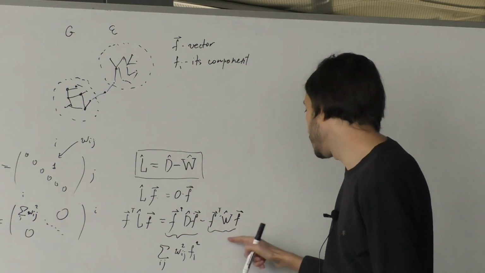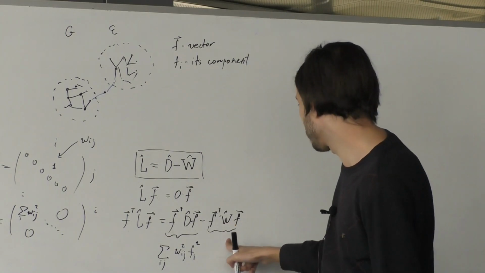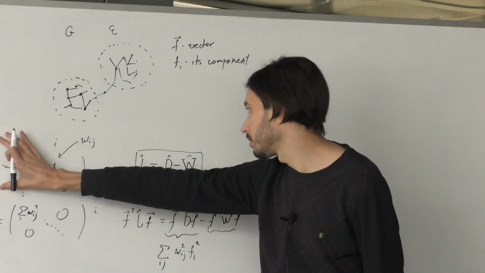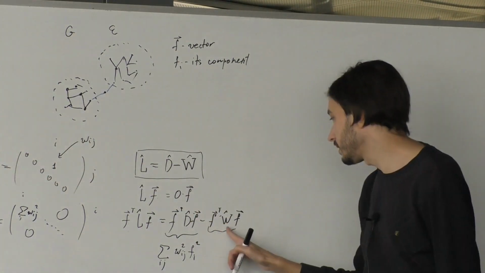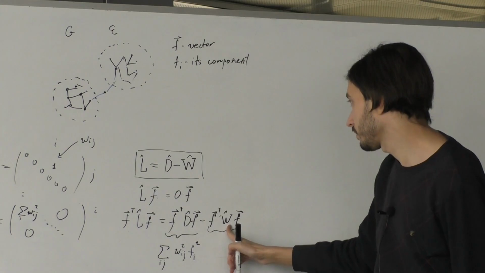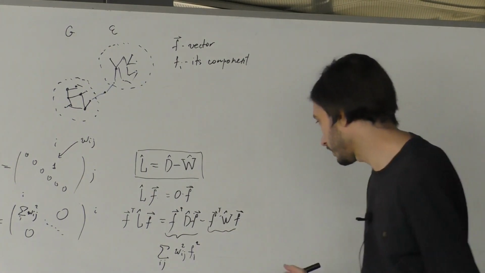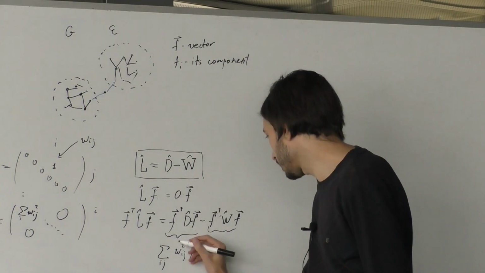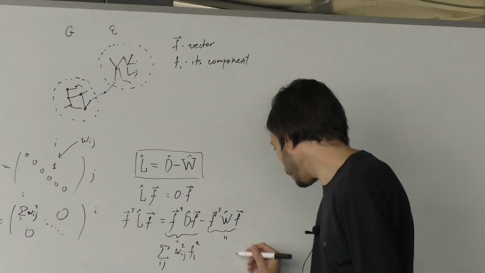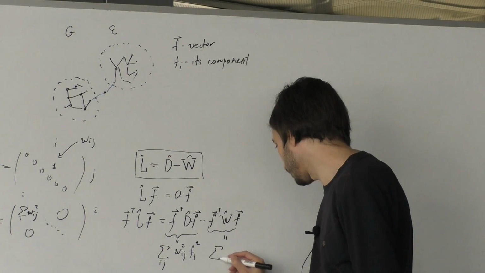What do I have in here? So I am multiplying my W by these vectors f, and I'm having here some quadratic form. So here will be, once again, some sort of sum.